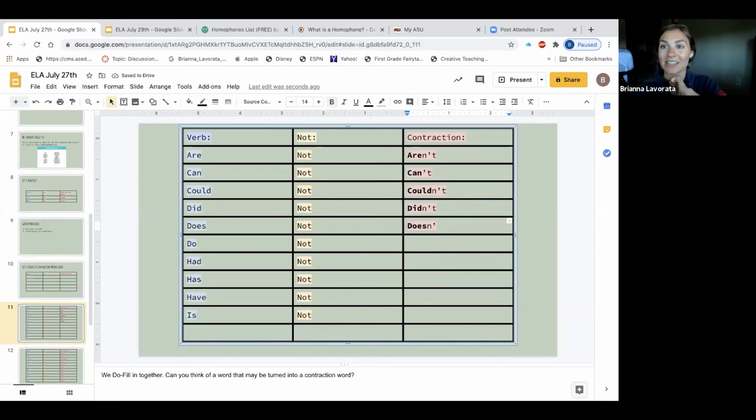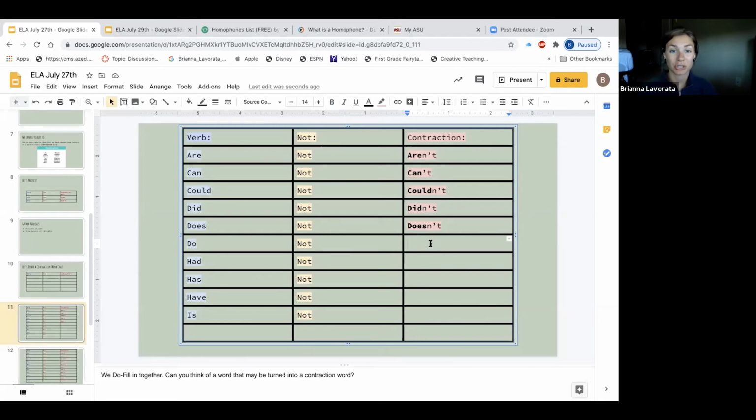And we need to represent not, doesn't. Okay, so we have the word does, we have the word not, combine those together, we have one word, doesn't. That doesn't make sense, right? That's how I would use that word.